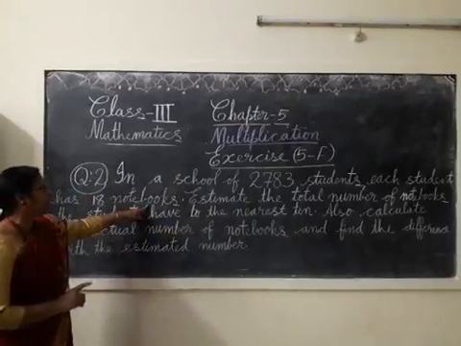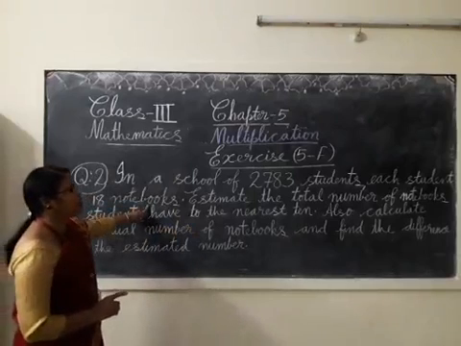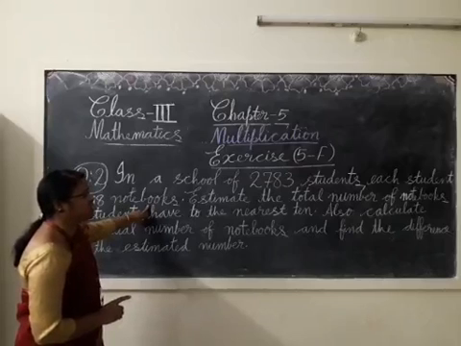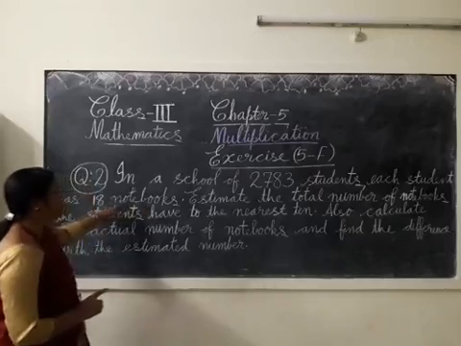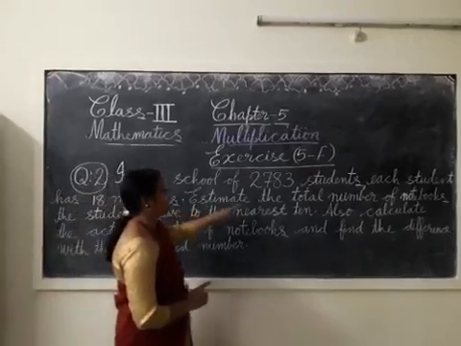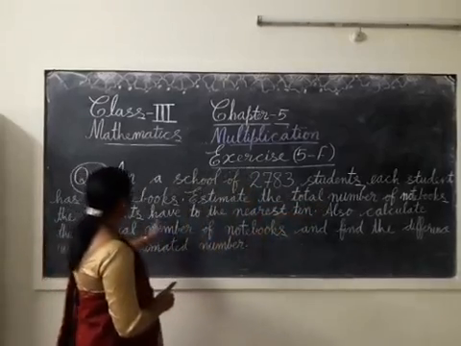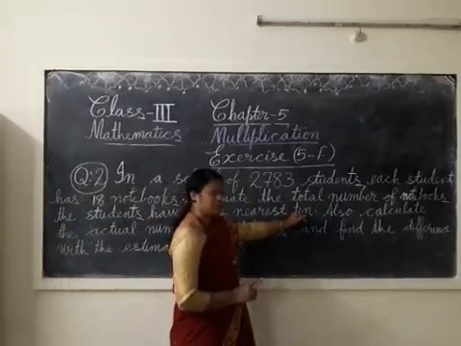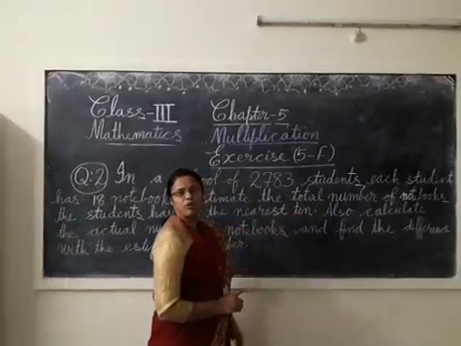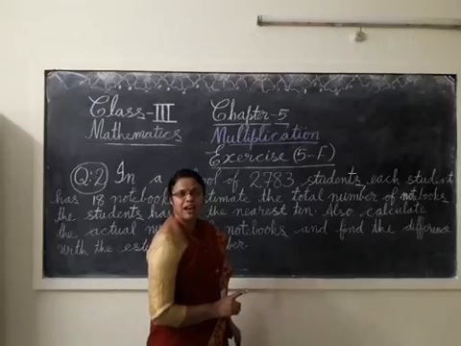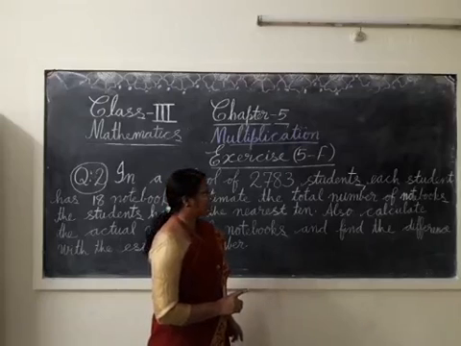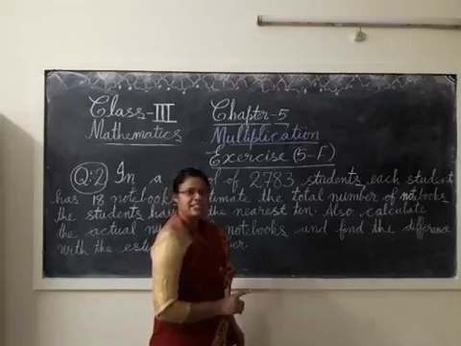So it means, in a school of 2,783 students, each one has 18 notebooks. Estimate the total number of notebooks the students have to the nearest 10. The total number of notebooks we have to find out, and that is also to the nearest 10.